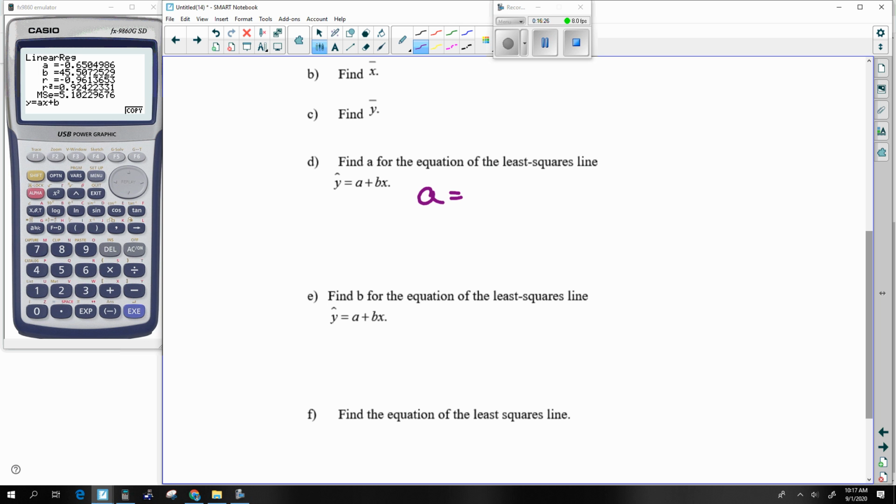Follow your calculator, A is going to be 45.5073. Again, my calculator is different than your calculator. I need to swap mentally A and B. So B is going to be negative 0.6505.